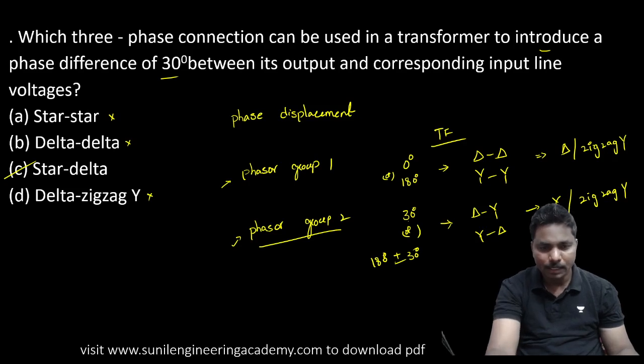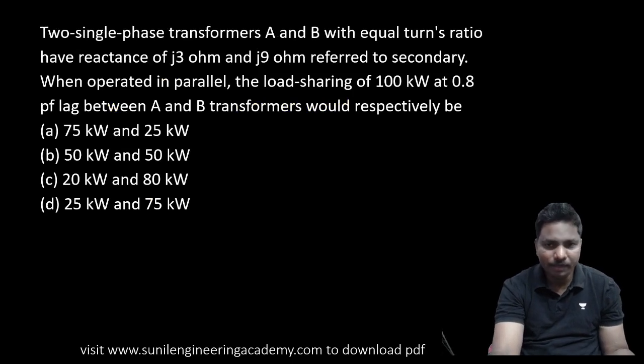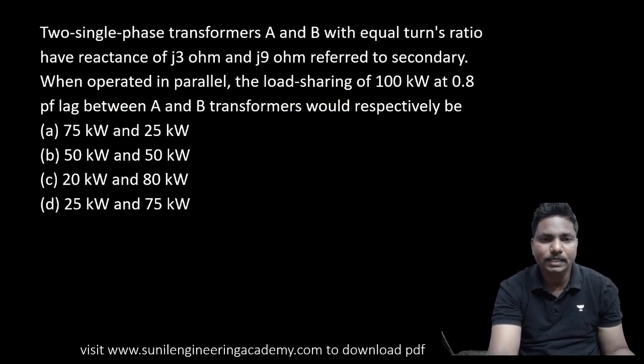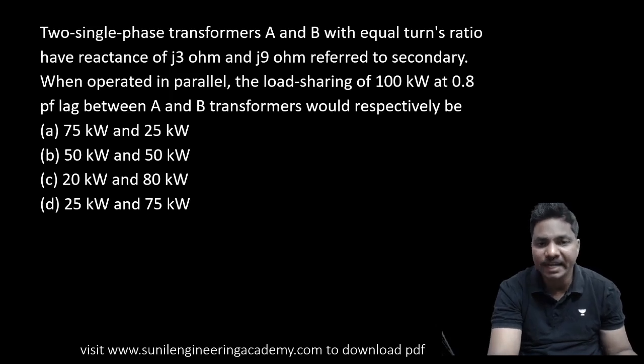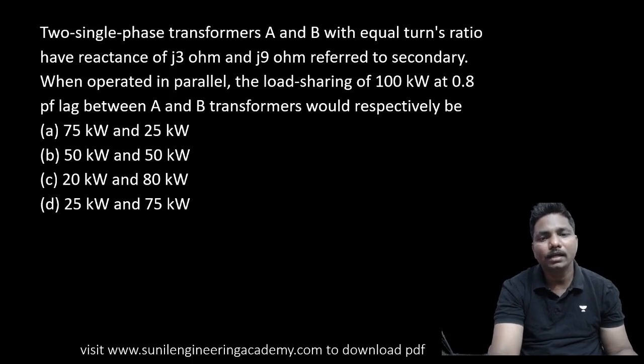Okay, coming to the next question. Two single phase transformers A and B with equal turns ratio have reactances of j3 ohm and j9 ohm referred to secondary. When operated in parallel, the load sharing of 100 kilowatt at 0.8 power factor lagging between A and B transformers would respectively be dash. How is the load shared? I have already explained load sharing based upon the percentage impedances.